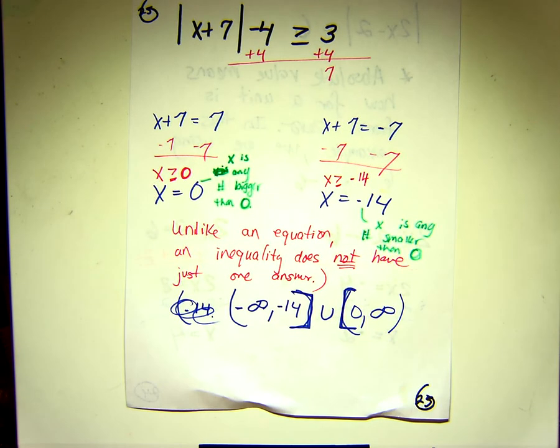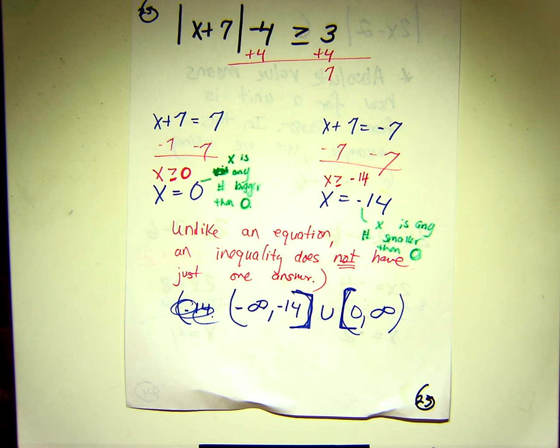Unlike an equation, an inequality does not have just one answer. It has multiple answers. For example, an equation, x equals whatever number it was, versus an inequality, it can be less than, greater than, or equal to. So in this case, we know that we have the negative 14. I didn't flip my sign, so that's my fault.